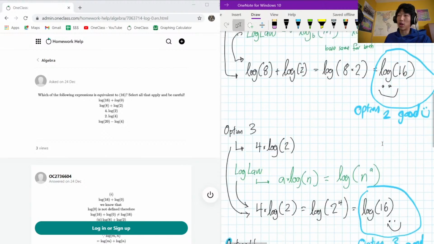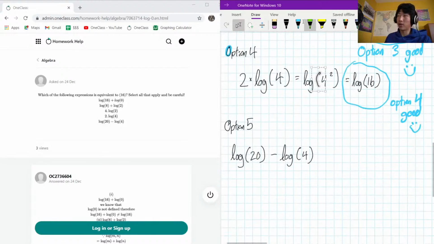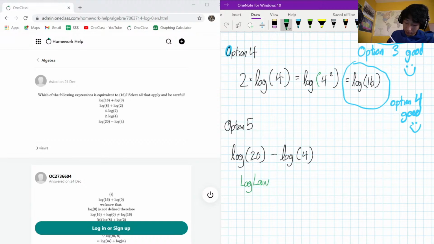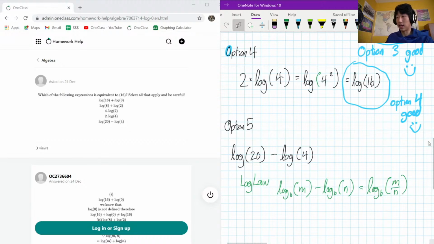We have a similar log law with subtraction: when we have logs with the same base that are subtracted, they will be divided by each other. Let's draw that out in green. So here, a brand new log law is log base b of m minus log base b of n. This will always be equal to log base b of m divided by n. Honestly, it is pretty much the same as the addition one.